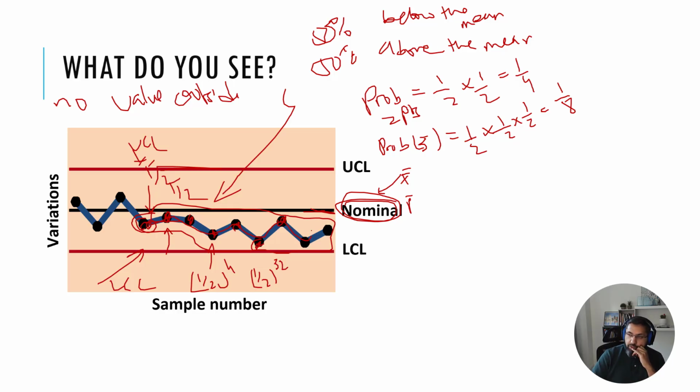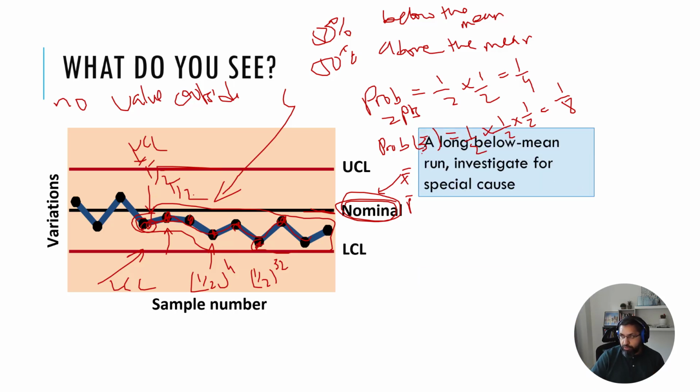Something happened here. So this is not in control because of the pattern. A long below-mean run means there's probably some special cause acting. You should not get such a long pattern below the mean, because it's very low probability this could happen if things were happening normally. And so you need to investigate. Okay, so there's a pattern, so it's not in control.